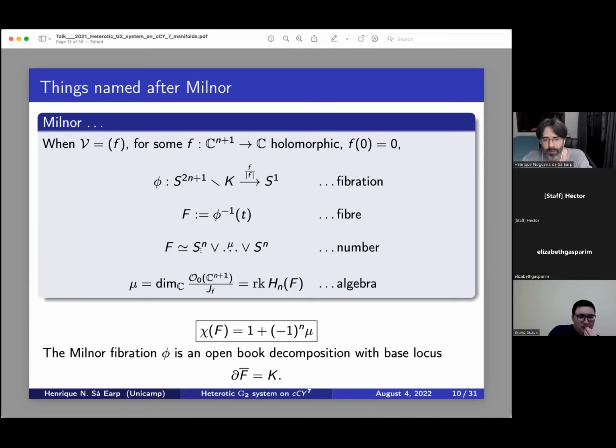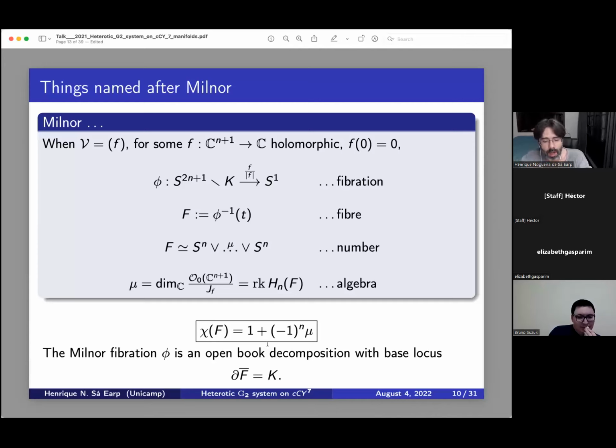The Milnor fiber can be seen as obtained from mu spheres Sn, where mu is called the Milnor number, and mu is also the dimension of the natural algebra obtained from the Jacobian ideal of this polynomial, and it's called the Milnor algebra. So the Milnor number is the dimension of the Milnor algebra.